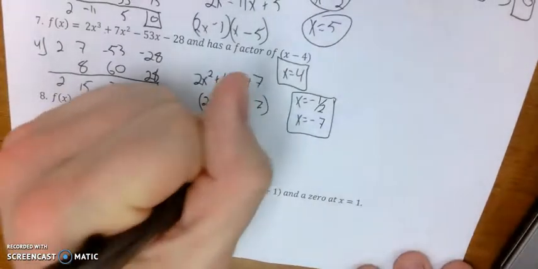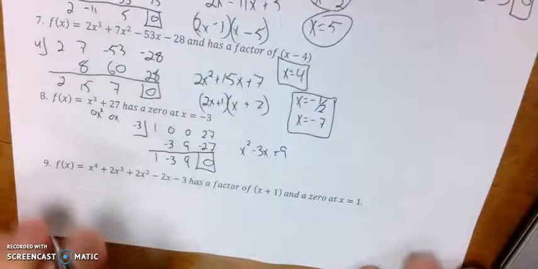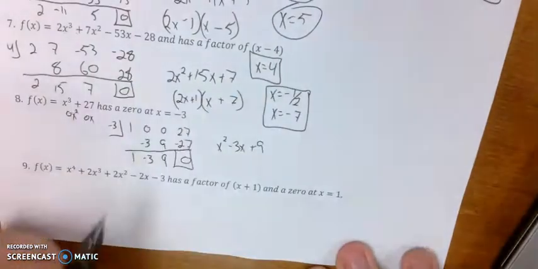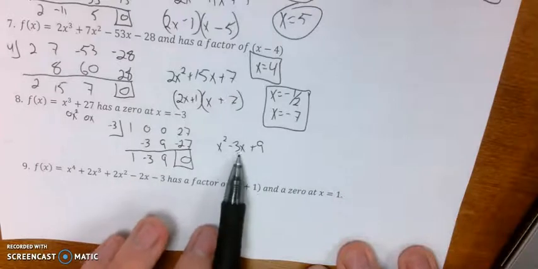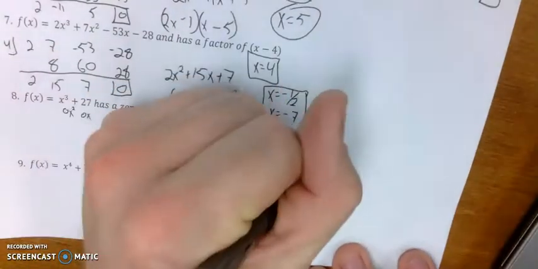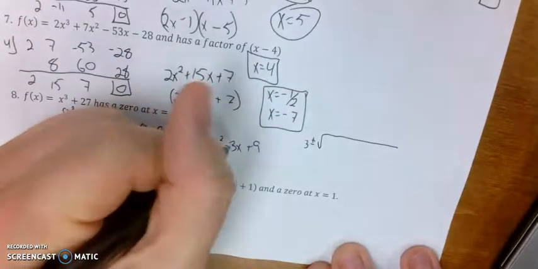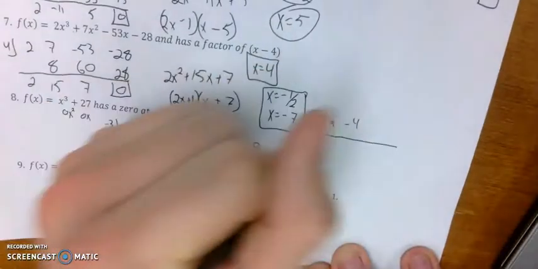So now I've got x squared minus 3x plus 9. Well, that doesn't factor, which means I have to do completing the square or quadratic formula. I'm not a huge fan of completing the square when there's an odd number, so let's do quadratic formula. Opposite of b plus or minus the square root of b squared, that'd be 9, minus 4 times a, which is 1, times c, which is 9.